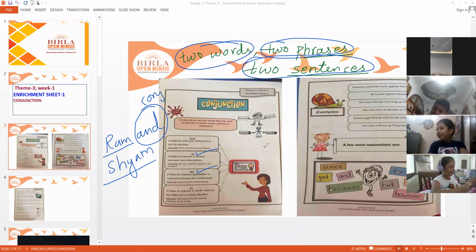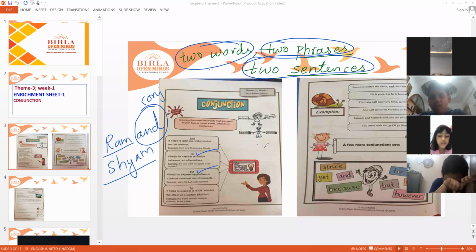When there is some opposition or contrast between two statements, when there is a difference between two sentences. For example, can you give me one example using the conjunction "but"?